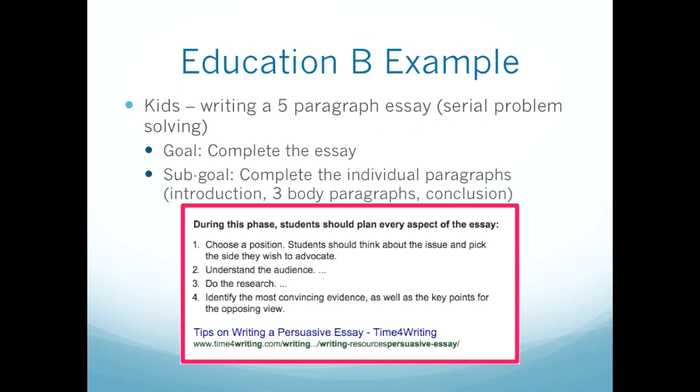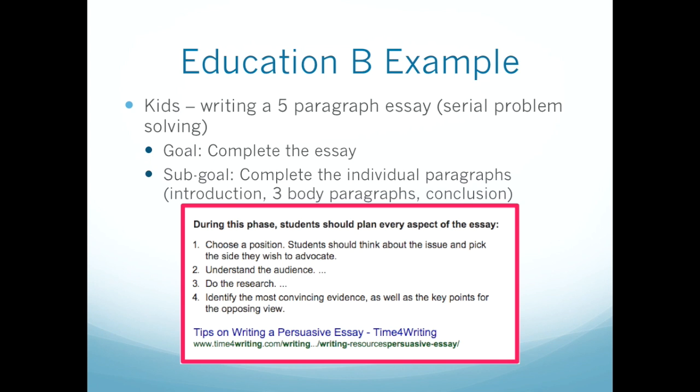One example where kids would use this serial problem solving skill would be in a 5-paragraph essay. So the main goal would be to complete the essay, but when you break it down, you would have the sub goal of completing the 5 paragraphs, the 1 introduction, the 3 body paragraphs, and the conclusion.